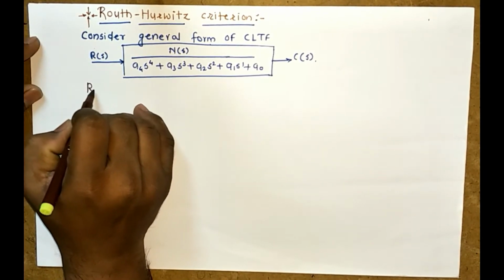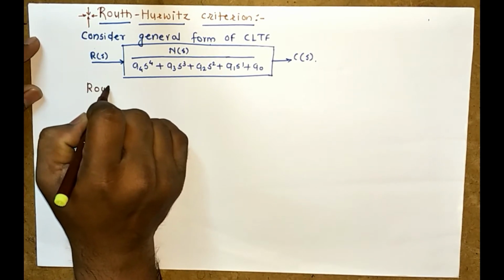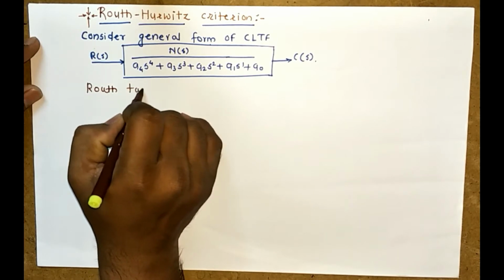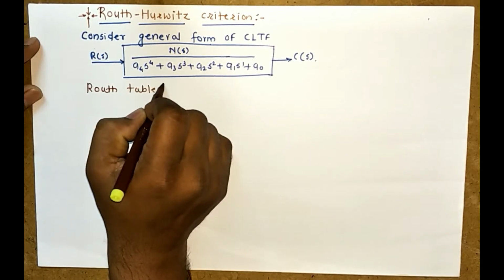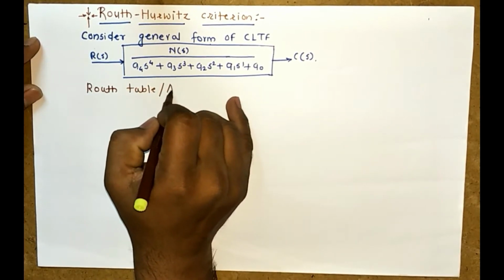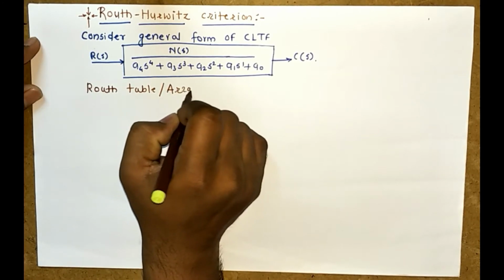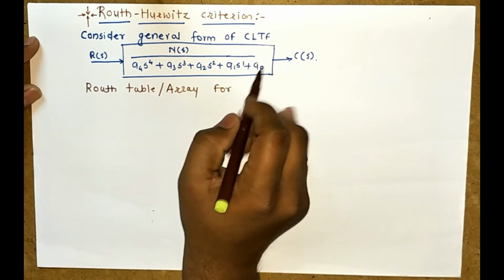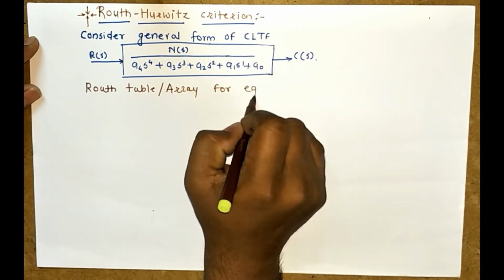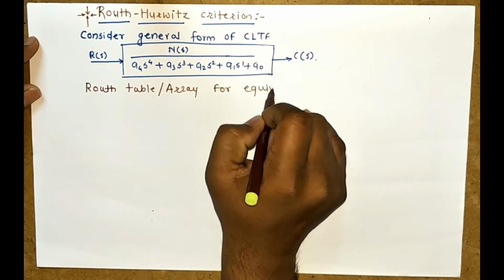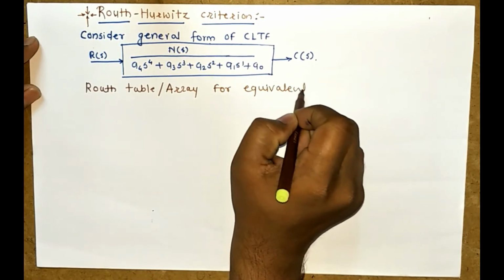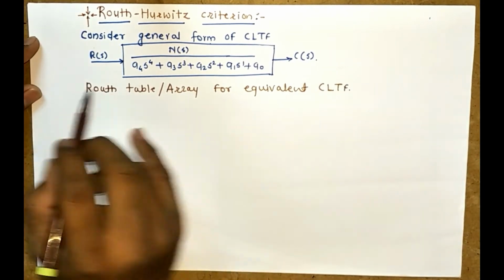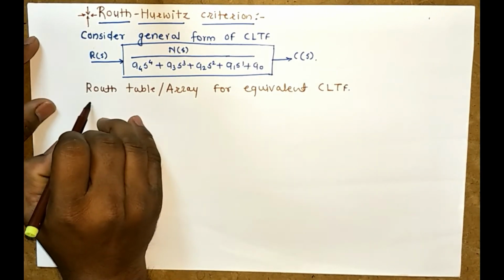First we have to draw a Routh table or array. For the given equivalent closed loop transfer function, the characteristic equation is the denominator of the transfer function.